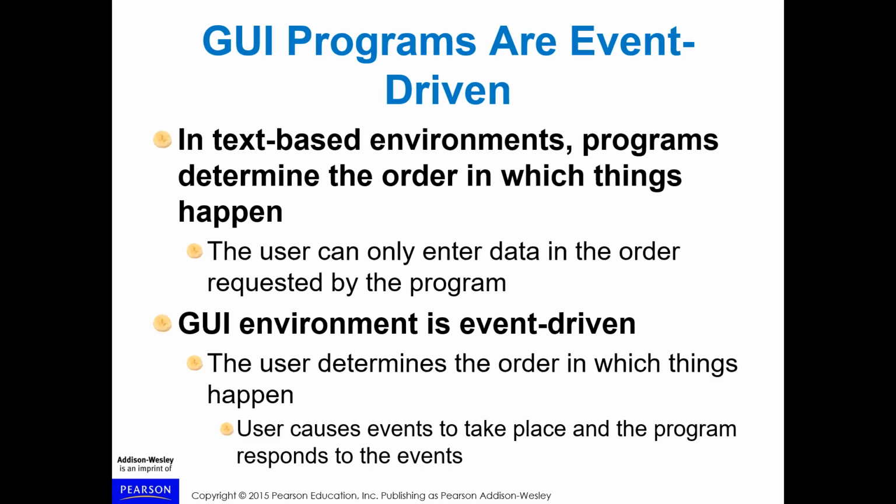With event-driven programs, the program is just sitting there waiting, and then you have buttons, and the program is waiting for one of those buttons to be pressed in order to perform a task. That's why it's called event-driven, because it's waiting for an event to happen.